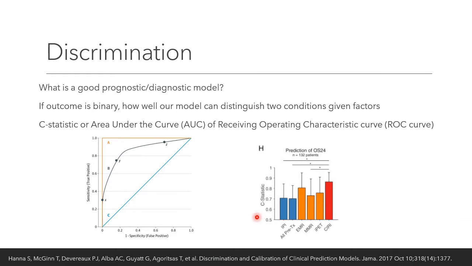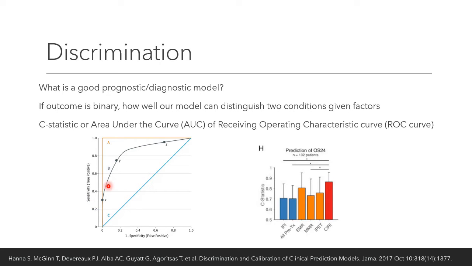And discrimination. What is discrimination? Discrimination measures whether the model can distinguish two conditions by given factors. We use the C statistic, which is another name for the area under the curve from the ROC curve. This curve is the area under the curve, where the x-axis is 1 minus specificity and the y-axis is sensitivity.